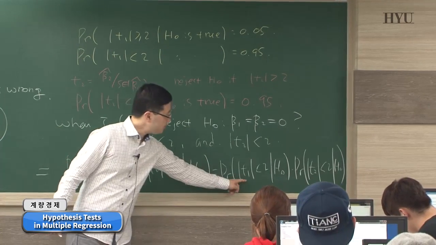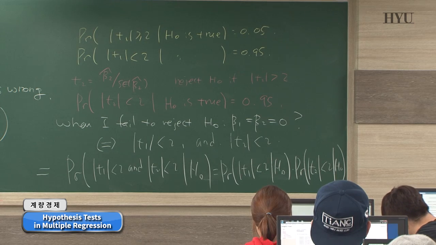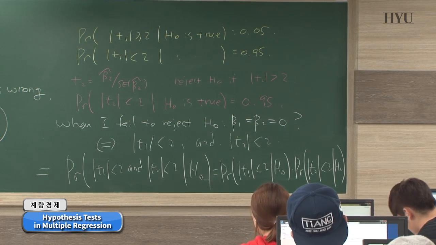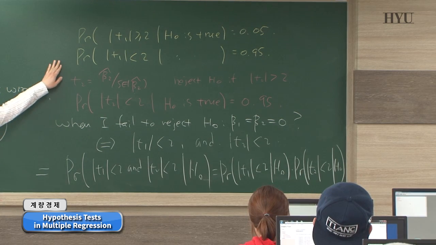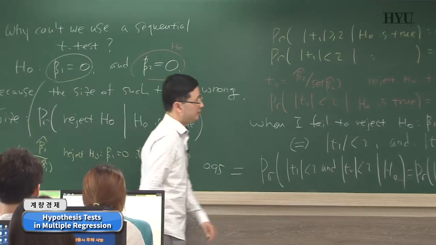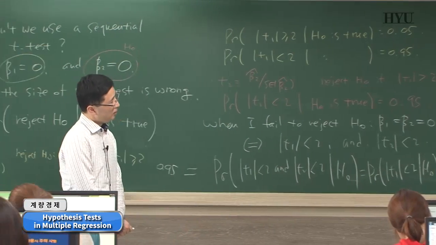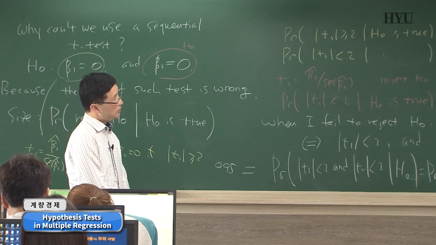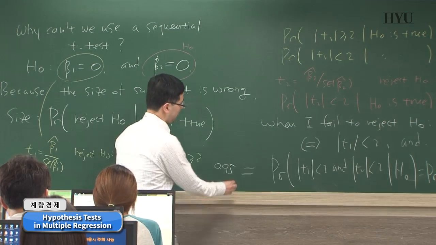Which means that I can break this joint probability into two marginal probabilities. Now what is this? The probability that the first t value is less than 2 in absolute value is 0.95. What is this? The probability that the second t value is less than 2, given that the null is true, is 0.95.